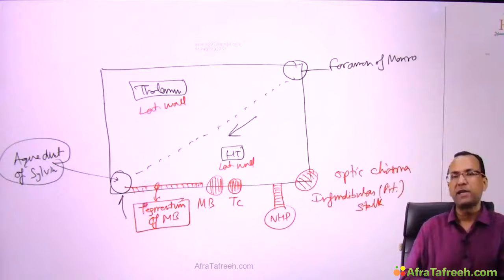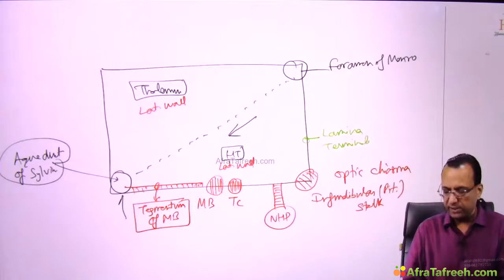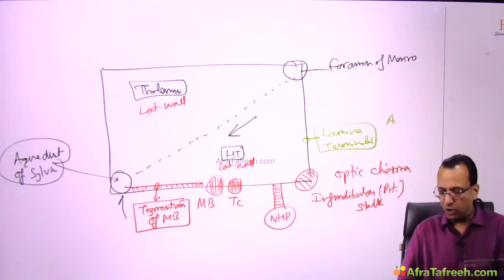Can you tell me what is the anterior boundary? Anteriorly, yes, I know it is the lamina terminalis. You know what the lamina terminalis is? It is the anterior or cranial end of the neural tube. The neural tube will stop here.